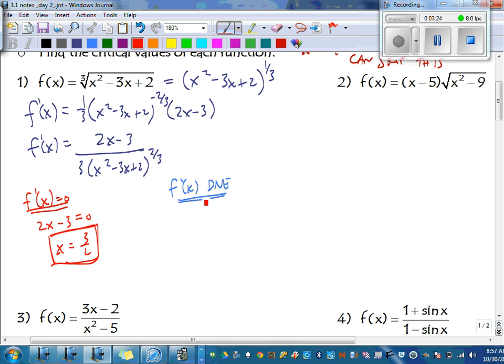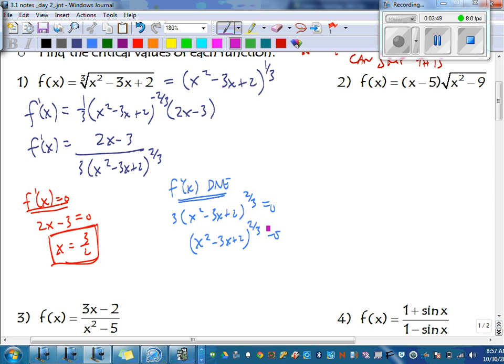To figure out when the derivative does not exist, we're going to set that denominator equal to 0. So 3 times x squared minus 3x plus 2 to the 2/3 equals 0. We can divide both sides by 3, and we get x squared minus 3x plus 2 to the 2/3 equals 0. And then to get rid of that exponent, what do we have to do?